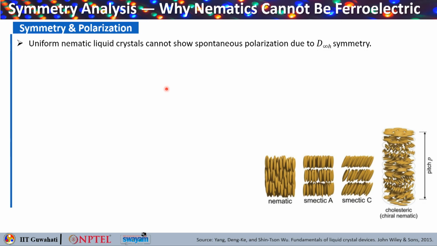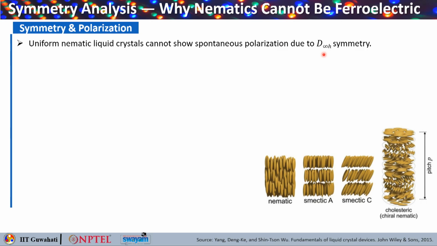Okay, so this is how nematic liquid crystals look. Uniform nematic liquid crystals cannot show spontaneous polarization due to D infinity h symmetry. D infinity h symmetry is basically the dihedral infinity point group.